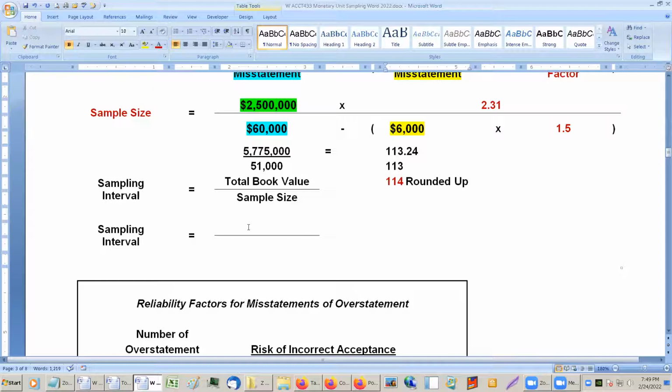Okay. So down here, this will be the 22,500,000. I'm going to use 114. I'll actually do it both ways. I'll do 114 and 113. That'll be pretty close.